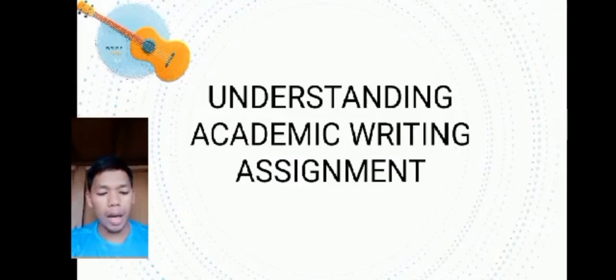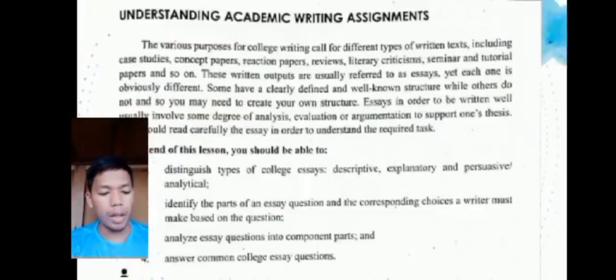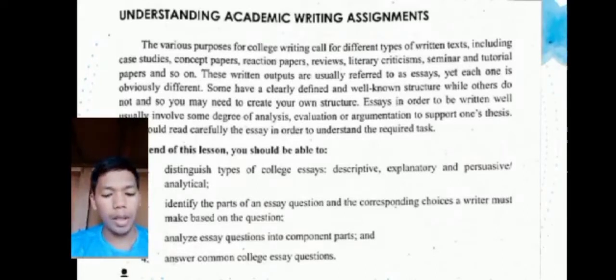Understanding academic writing assignments. The various purposes of college writing call for different types of written text, including case study, concept paper, review, literary criticism, seminar and tutorial paper, and so on. These written outputs are usually referred to as essays, yet each one is usually different.